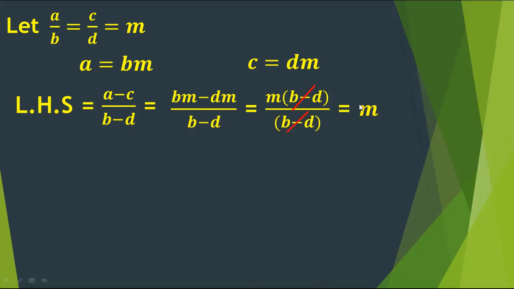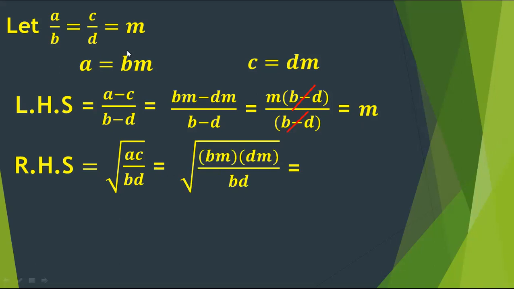By the same method, take the right hand side. Right hand side equals root of AC divided by BD. We take each side equals M, then the right hand side must equal M. Write the root. Cancel A, put BM. Cancel C, put DM.